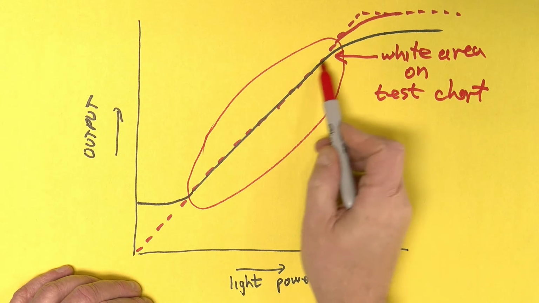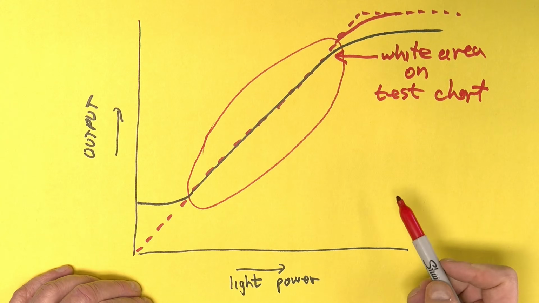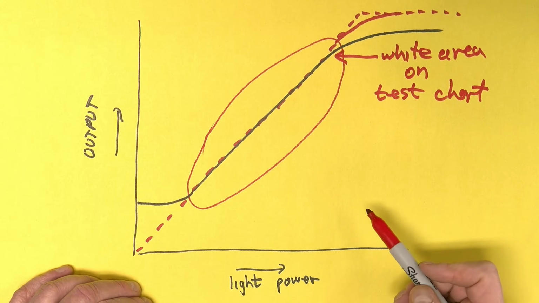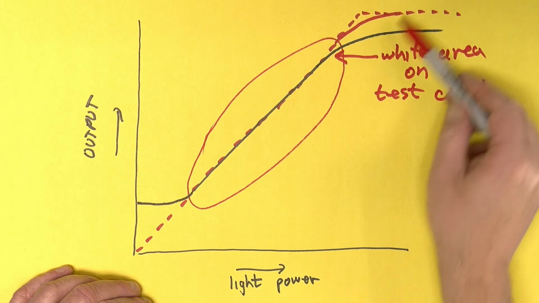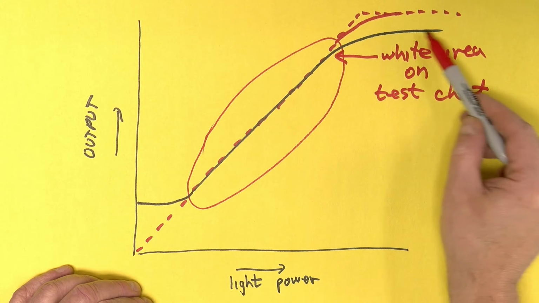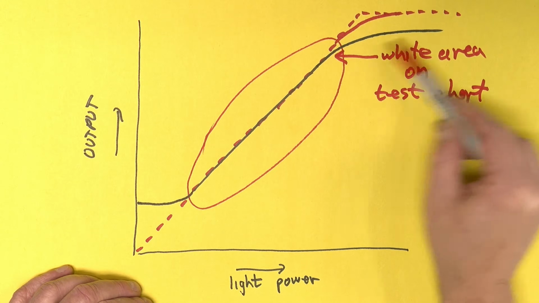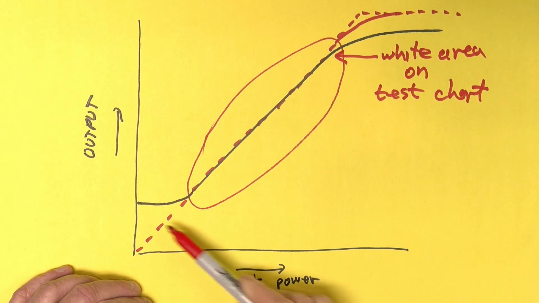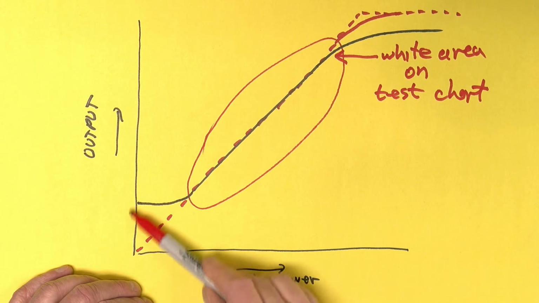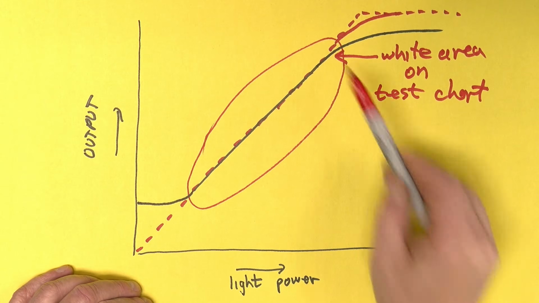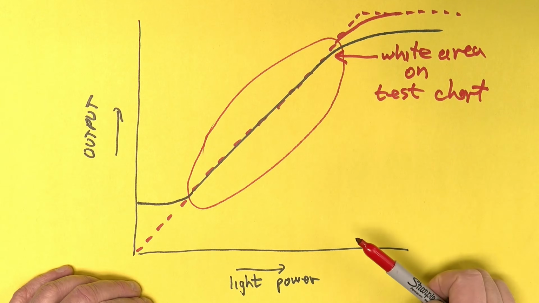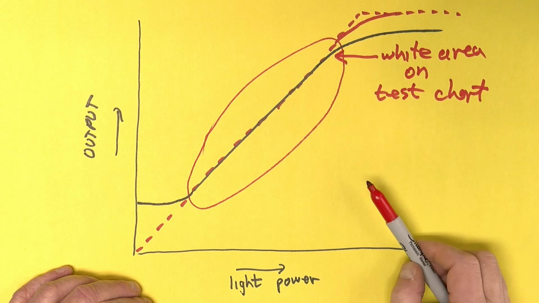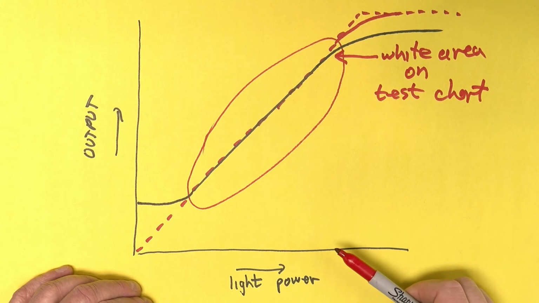And so that's what we're going for with our test chart when we're doing the sensitivity testing. We don't want it to be up here to get all involved in whatever these curves might be. And of course, we don't want it down here where it's so dark anyway. We want it really at the top of the useful exposure region of the sensor, be it film or digital.